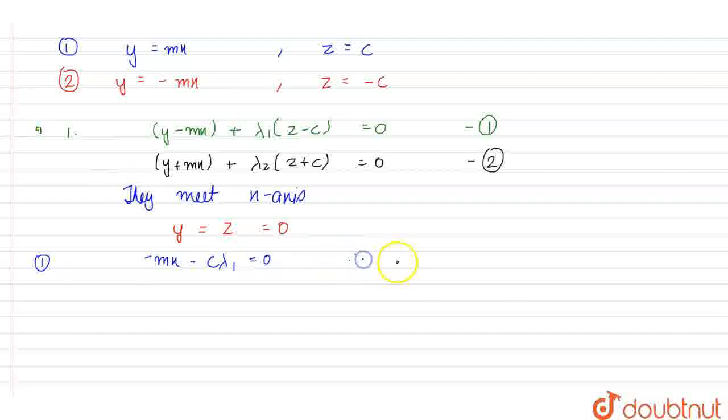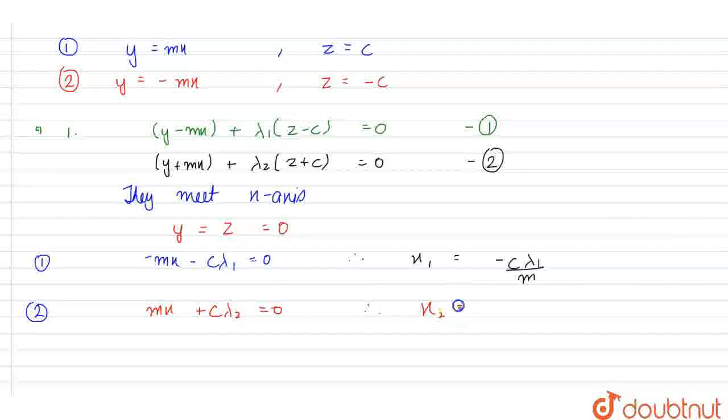Therefore, we get the value of x1, the point where the plane meets the x-axis, as minus c lambda 1 divided by m. In the second plane we get mx plus c into lambda 2 equals 0, so the point on the x-axis will be x2, equal to minus c into lambda 2 upon m. Now since they meet at the same point on the x-axis, x1 equals x2. Therefore we get lambda 1 equals lambda 2.